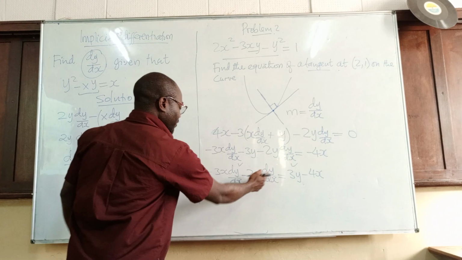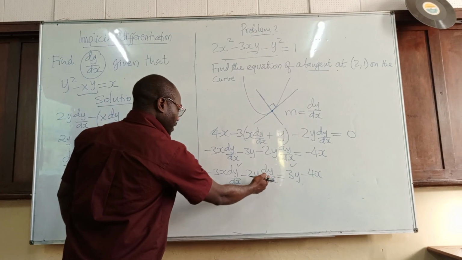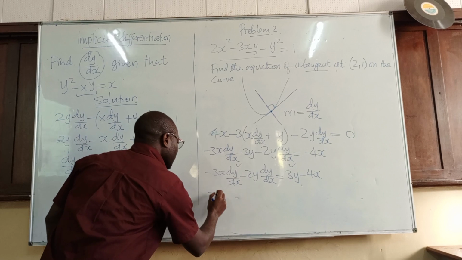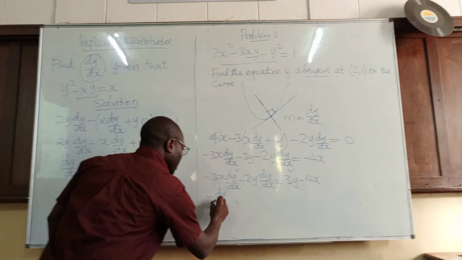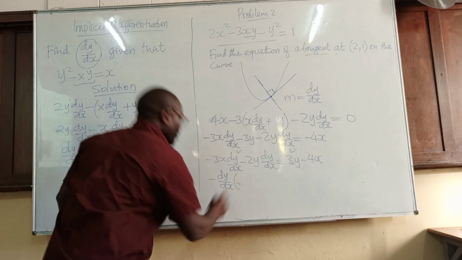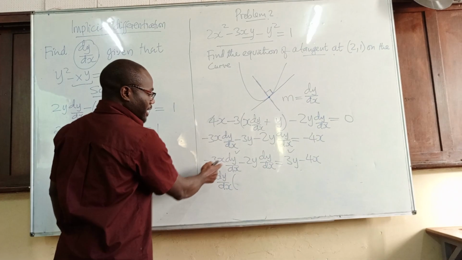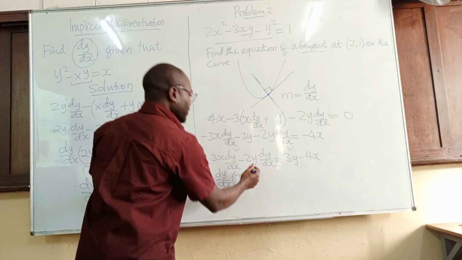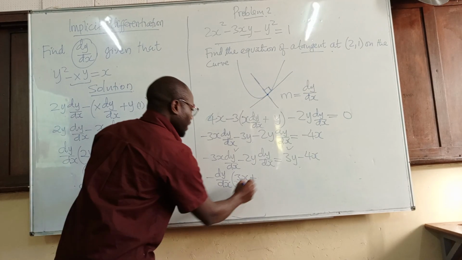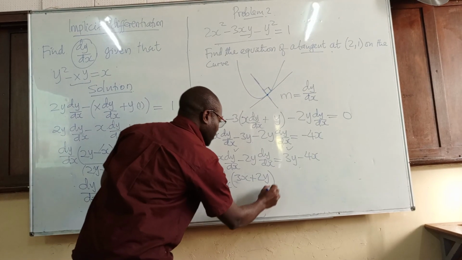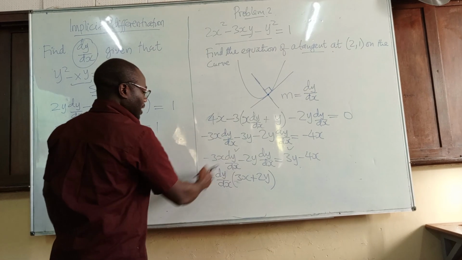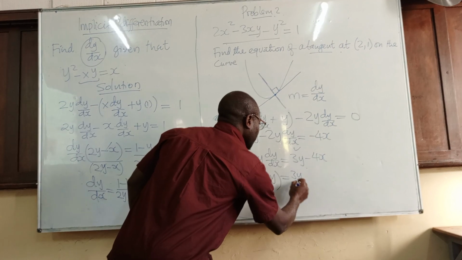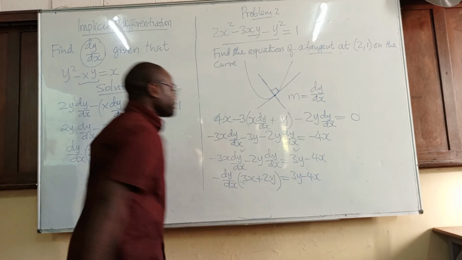The job now is to factorize dy over dx. A negative is common, so it is minus dy over dx. Then what is going to remain? Definitely 3x. What will remain here is plus 2y, because I'd already factored out the negative. And this whole thing is equal to 3y minus 4x.